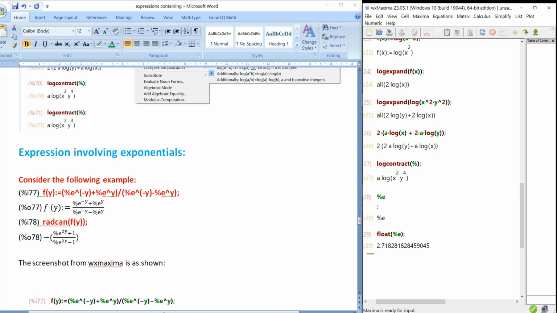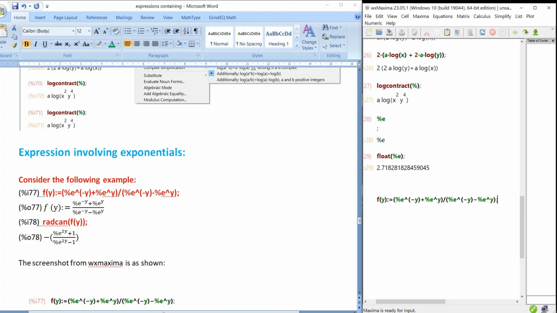You all know 2.7182. So whenever we need to write the exponential number e, you have to place the percent sign before e. Percent %e will mean you are writing the exponential number. Clear? So move on to our example in which we will deal with exponential functions.